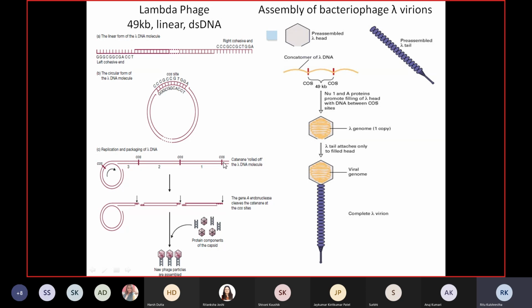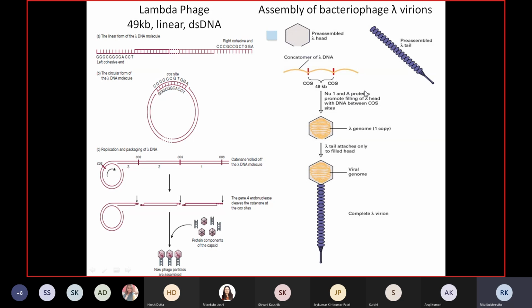Now, once this replication is taking place inside the bacteria, and we want the phage particles to be reassembled, what we have to do is cleave this DNA. How does this cleavage take place at individual COS sites, because they are the ends of the phage genome? It is with the help of a terminase complex, and that terminase complex consists of gene A endonuclease and Nu1 proteins.